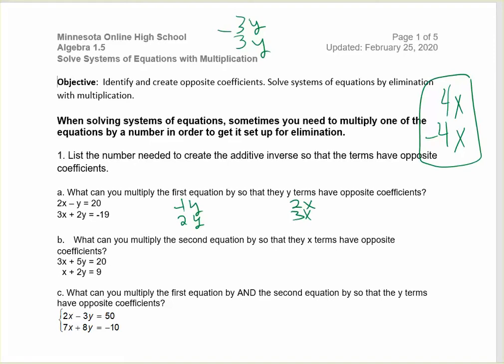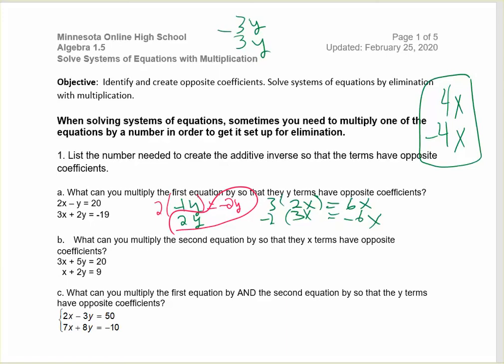So it's possible. We could multiply 2x by a 3, and that would be 6x. And we could multiply 3x by a negative 2, and that would be a negative 6x. However, it's easier to get the y's to have opposite coefficients because one of them is already negative and the other one's positive. And all we have to do is multiply the first one of those by a 2, because 2 times negative 1 would be a negative 2y, and then we have our opposite coefficients.